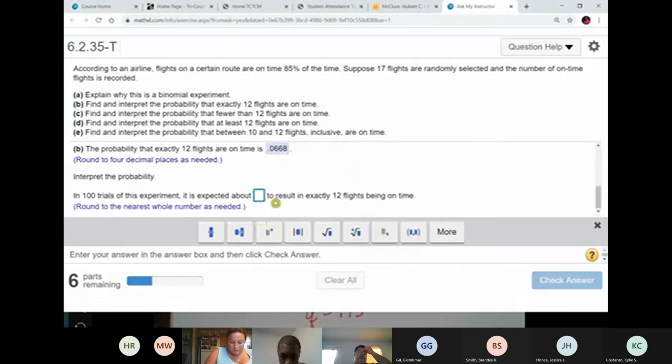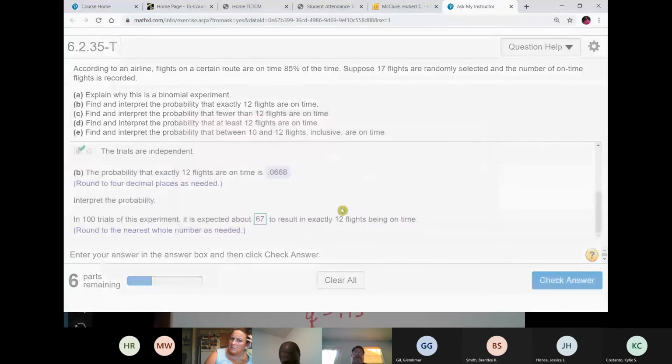It says round to the nearest whole number. Okay, wait a minute. There ain't no whole number. Somebody move the decimal 2 places to the right. That's going to be 67. Wait, what is 67? Read the question.